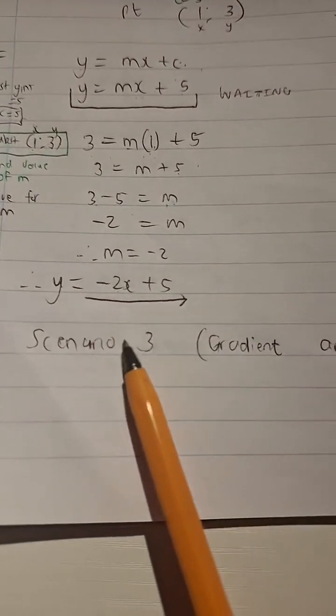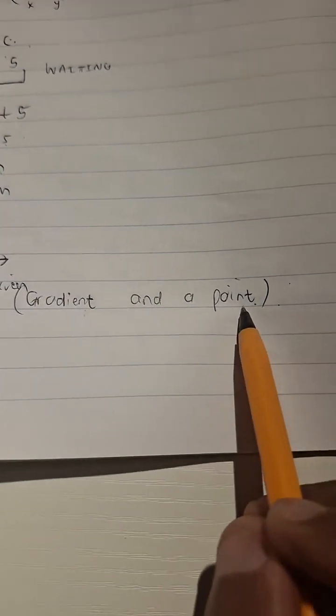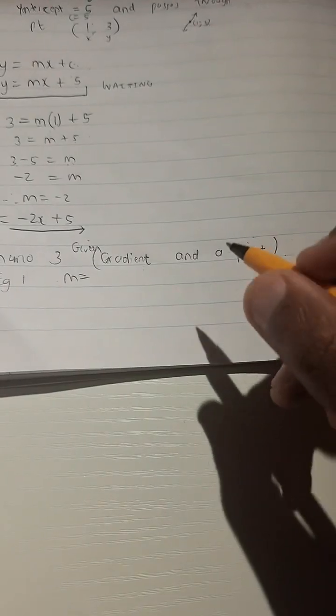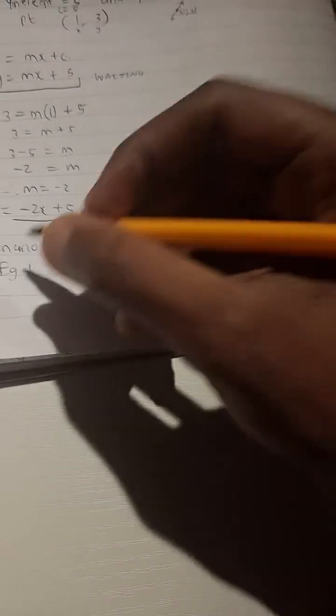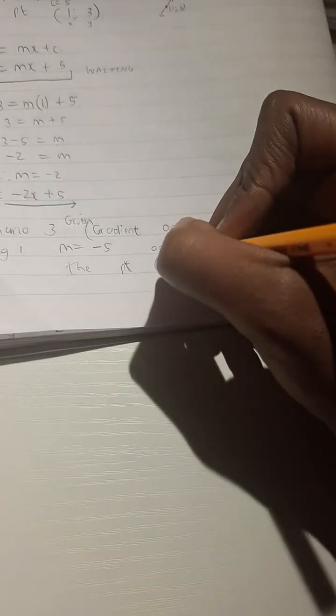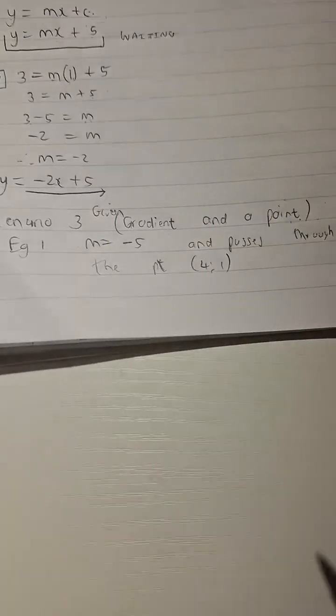Now we are going to look at scenario 3. What about when we are given the gradient and a point? So let's look at this. Let's say, for example, we are told that the gradient of a particular line is negative 5 and it passes through the point 4 and 1.